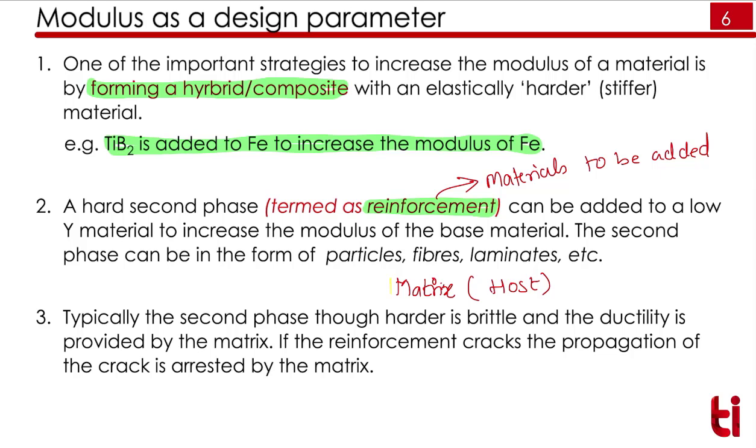Typically the second phase, meaning the reinforcement, is harder and brittle, and the ductility is provided by the matrix. So the matrix provides the ductility and support to the reinforcement, and these reinforcements are generally brittle and harder in nature.